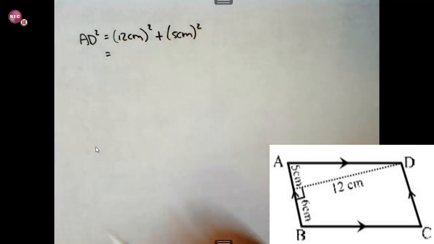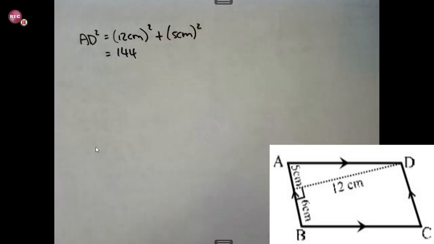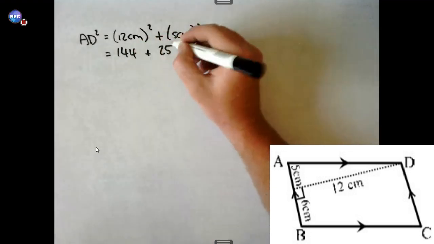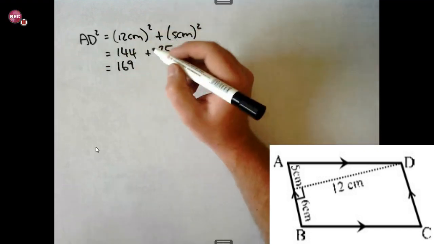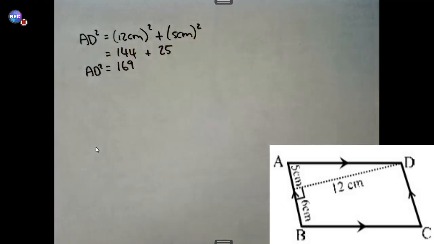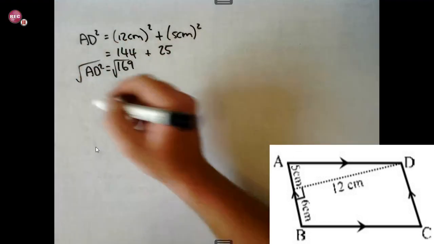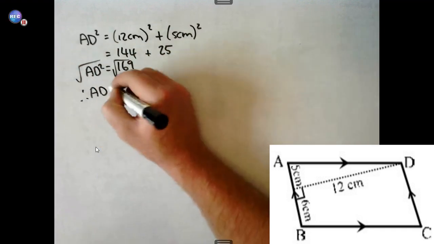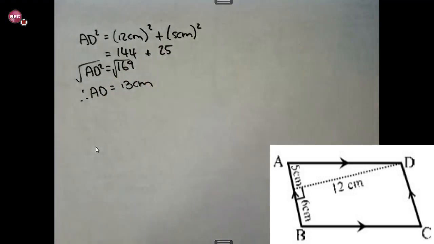When you calculate it, you'll get 144 if you multiply 12 by itself, and 25, which will give you an answer of 169. So AD squared is equal to 169. If we square root it, which is what we have to do, therefore AD would then be equal to 13 centimeters. Okay, so from there onwards, now I can go and calculate the perimeter as well as the area.